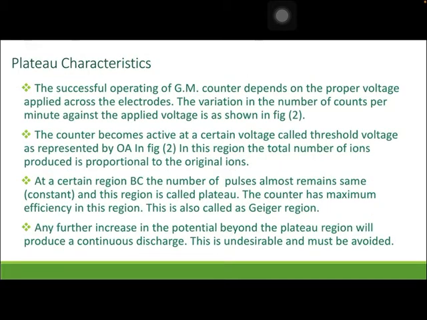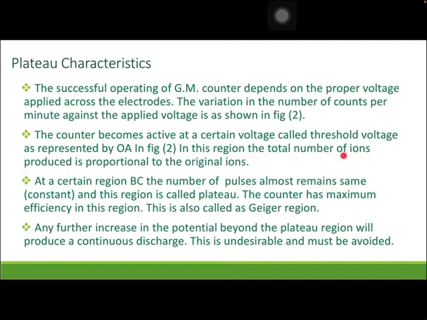So the same thing is explained in this slide. We have the plateau characteristics, and all the regions have been described here. The successful operating of the GM counter depends on the proper voltage applied across the electrodes, which we call the operating voltage. The variation in the number of counts per minute against the applied voltage is as shown in figure 2. The counter becomes active at a certain voltage called the threshold voltage, as represented by OA in figure 2.